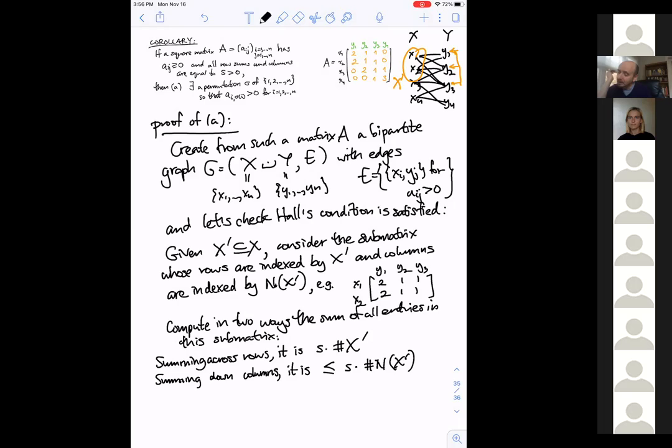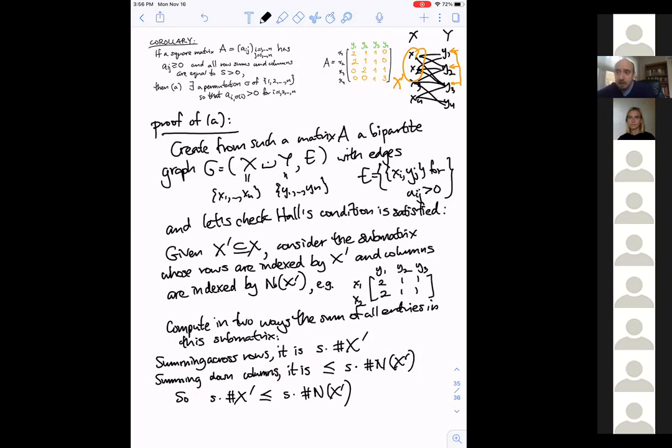Okay. But again, this thing on the nose was the same as the sum we were getting here, which we just said is less than or equal to this. So S times the cardinality of X prime is less than or equal to S times the cardinality of N of X prime.